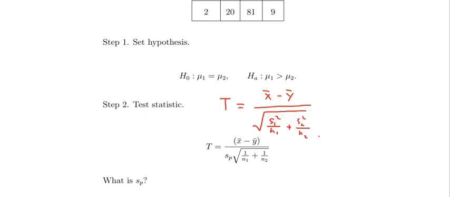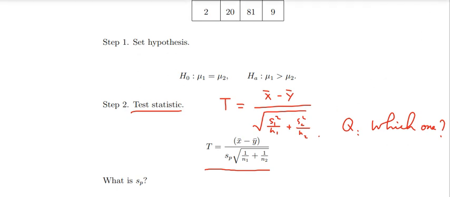So here we have the question: which one should we use? The difference is that in this one we assume variances are equal, and in this one we do not assume variances are equal. So which one we should use depends on the question.